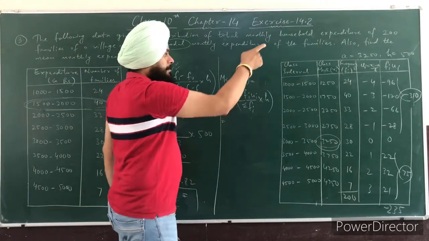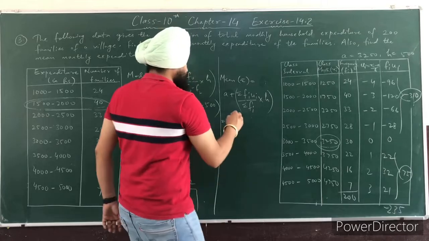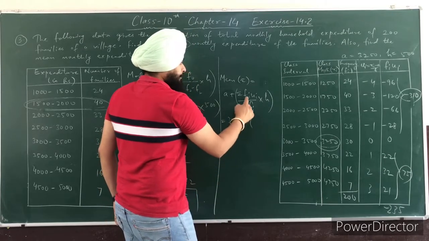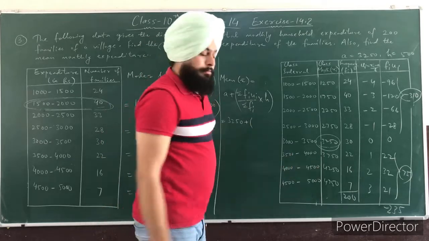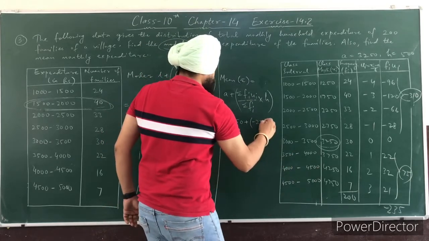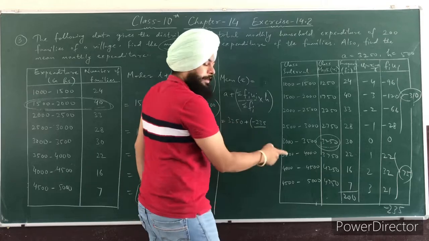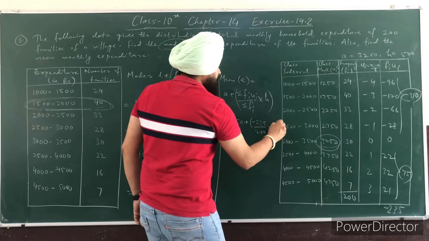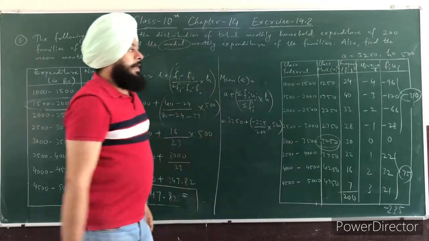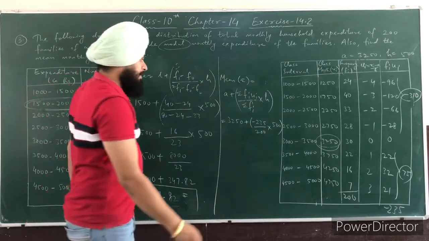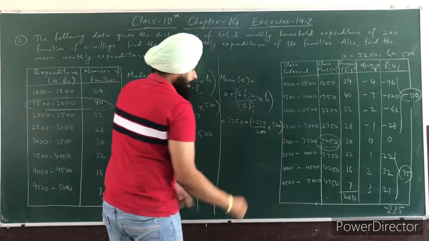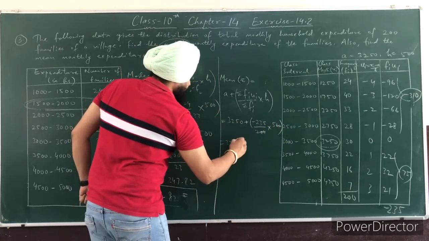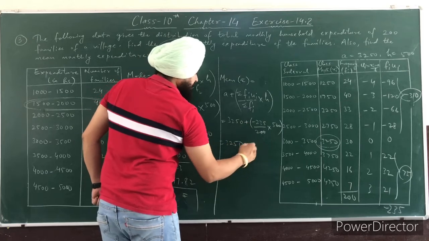So a is 3250 plus the summation of fi ui, which is minus 235, divided by the summation of fi, which is 200, into h. And the value of h is how much? 500. h is our class size. Now you can cancel the 20 and 20 from numerator and denominator.